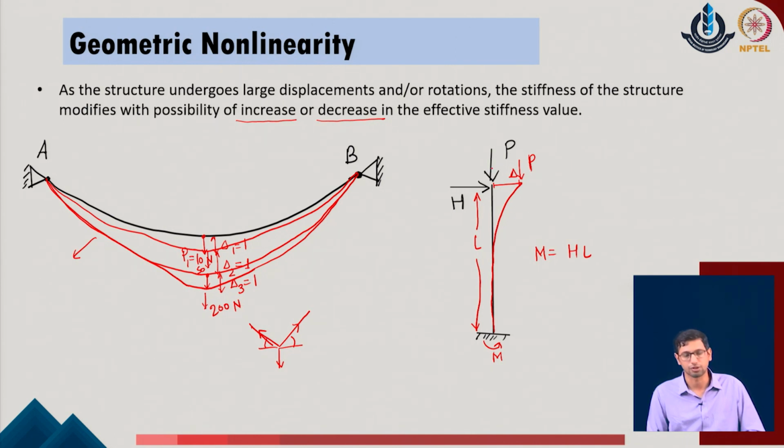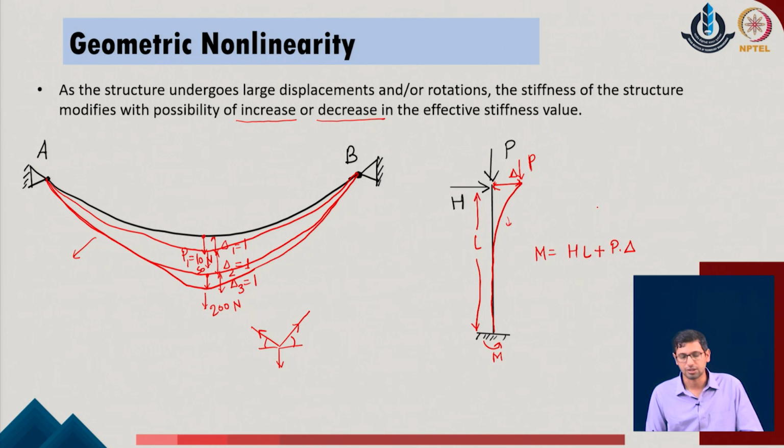The vertical load which was initially aligned along the length of the member, generating 0 moment, has now shifted away by some distance, and due to this lateral displacement delta, the system experiences an extra moment, which gets the value of P into delta.